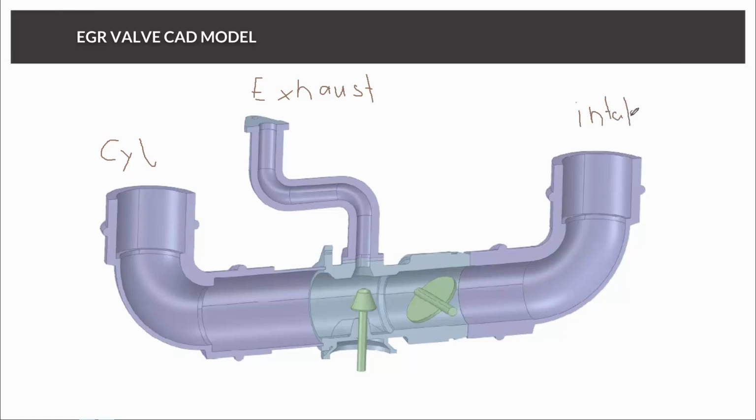What is happening is that I have my fresh air coming inside, and depending on the setting of the butterfly valve, we can control the ratio between fresh air from the intake and exhaust gases from this direction.